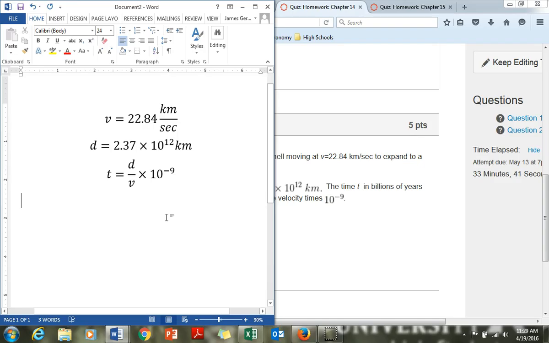So I would type this as 2.37 times 10 to the 12th, divided by 22.84, times 10 to the minus 9. You don't put that 10 to the minus 9 in parentheses, because it is multiplying the whole thing. It's not in the denominator, it's multiplying the whole thing.